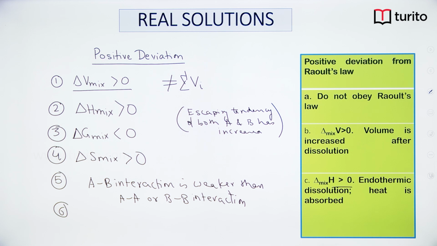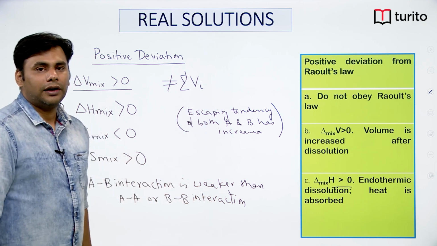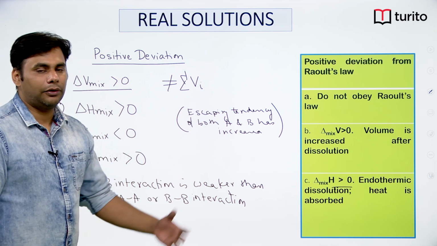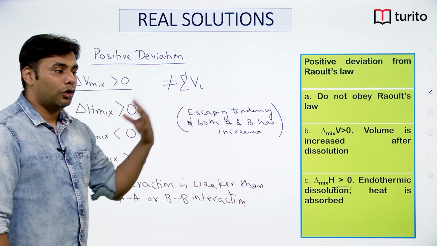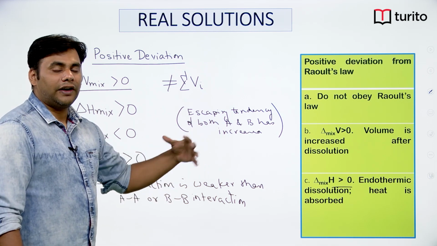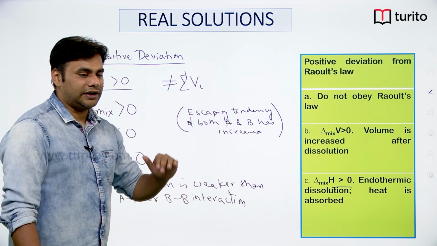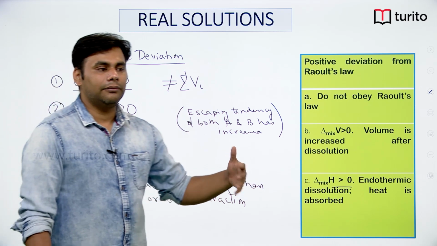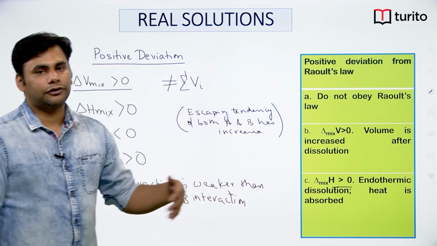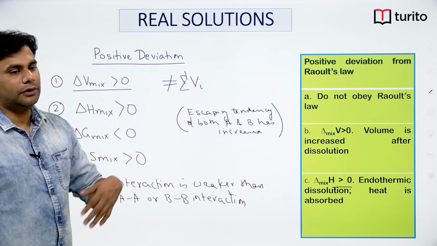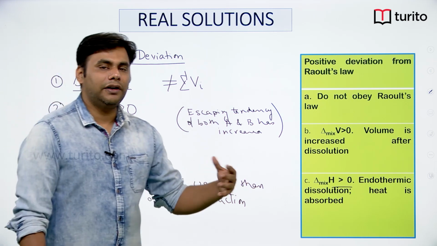When you added A over it, A came between the two B, okay, and the interaction between the two B molecules weakened, due to which the B molecules started to go out or escape out as vapor. So we'll say that more vapor of A and B is formed, that is, the escaping tendency of both A and B has increased. So basically A is diluting the strength of the bond that was present between the molecules. Similarly, B is diluting the bond between AA. Okay.